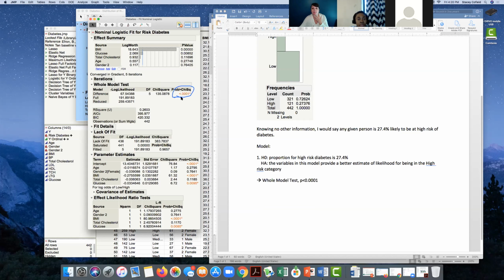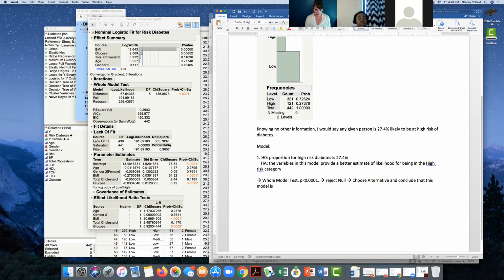You're going to reject the null hypothesis, right? Yep. And conclude that this model is useful. So that's all we've done so far. So we know it's useful.